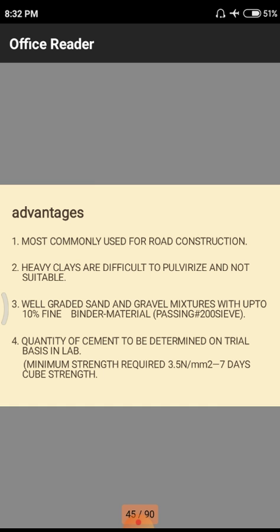The next point is that the quantity of cement is to be determined on a trial basis in the lab. Why? Because cement is costly, so to reduce the cost we need to run some trials. That means for a volume of 1 cubic meter, we need to find out how much cement to use by simple trial and error.